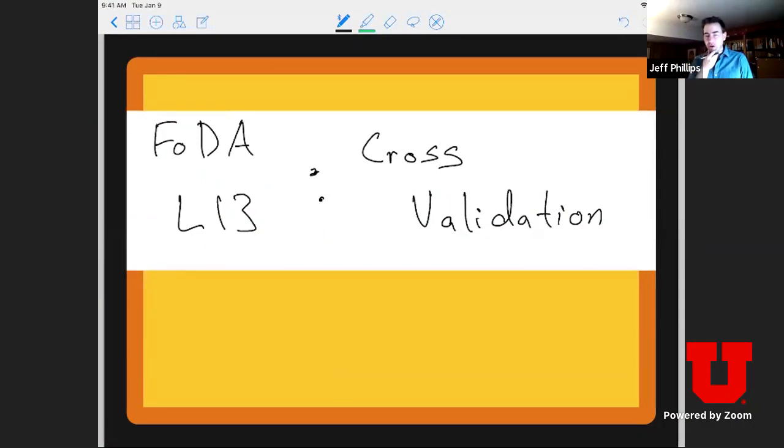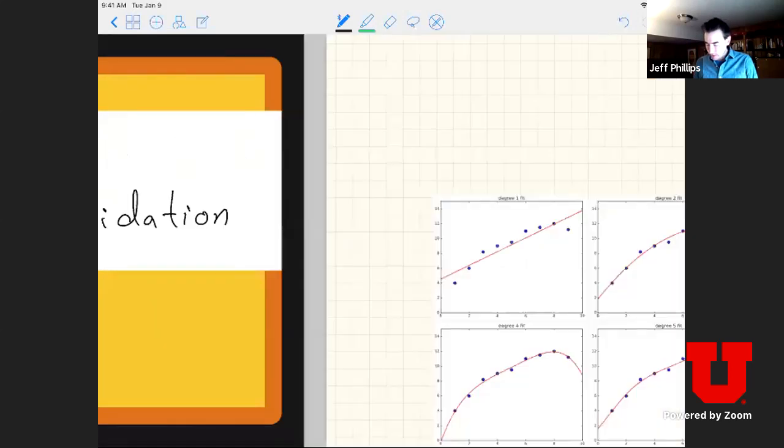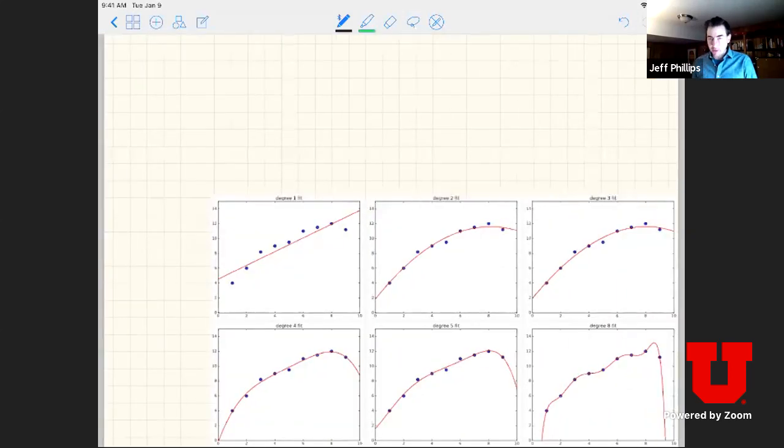So let's get on with the lecture. Cross-validation. Where did we leave off last time? We had left off in particular where we had this data, which was x and y.